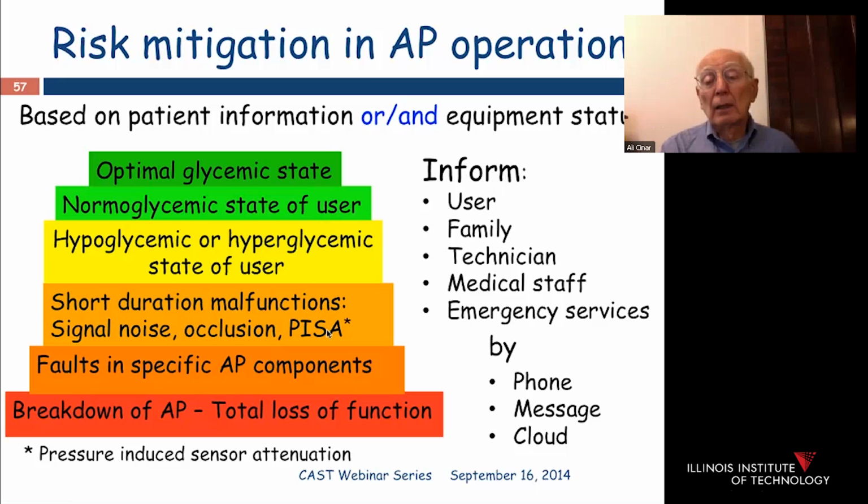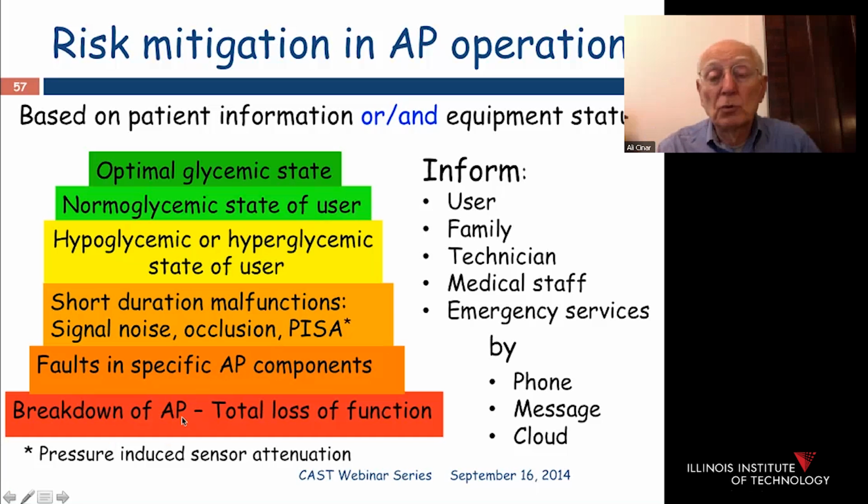And then things may get even worse, where there may be specific faults in various components of the artificial pancreas, sensor, pump, control algorithm itself, and worst case would, of course, be the total loss of functionality of the artificial pancreas because of a breakdown.